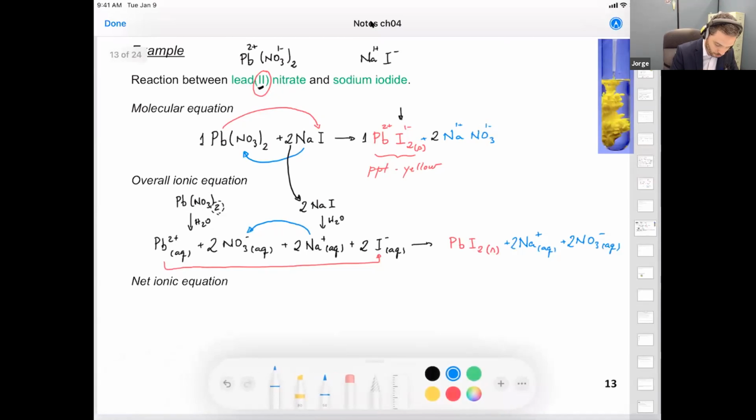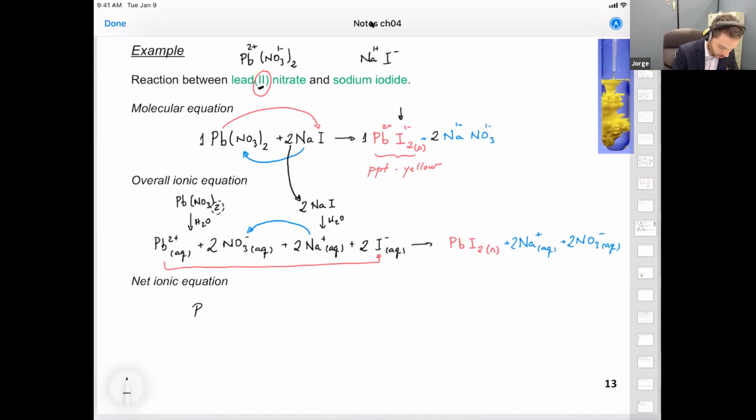So let me rewrite the overall ionic equation here. And that's going to keep it a little bit cleaner.